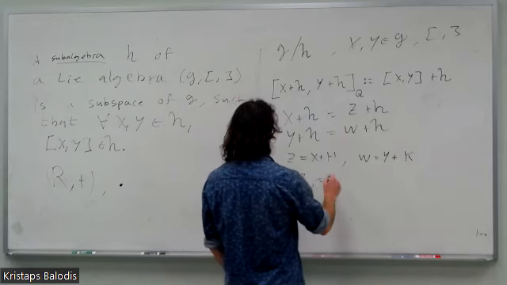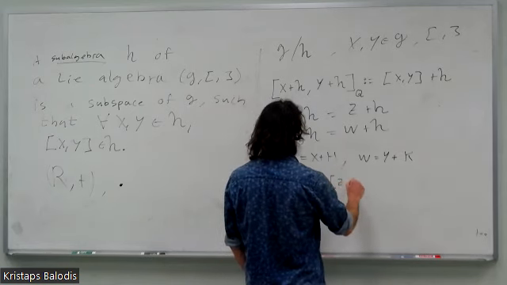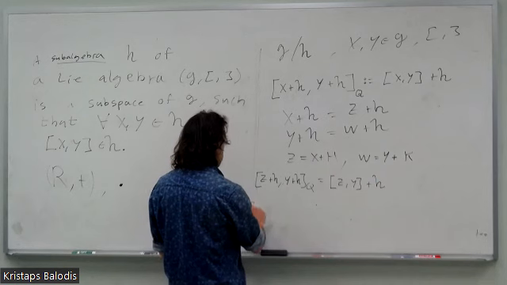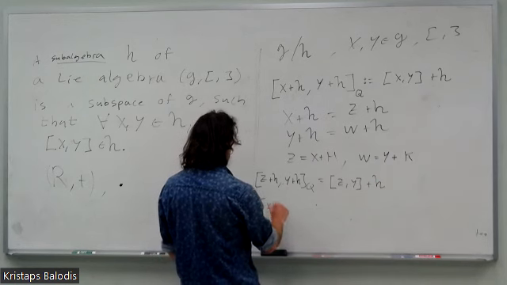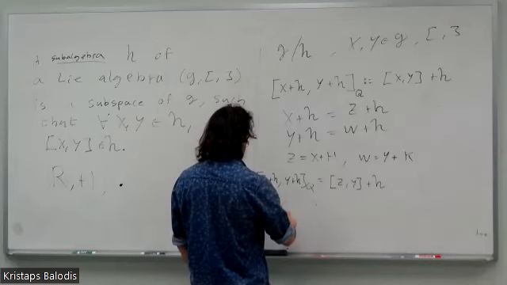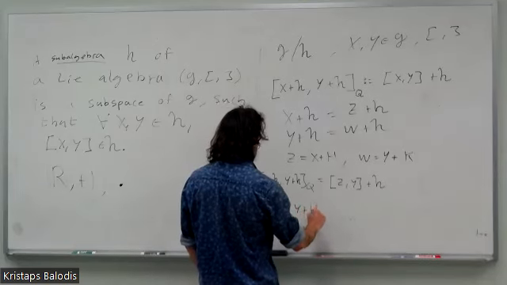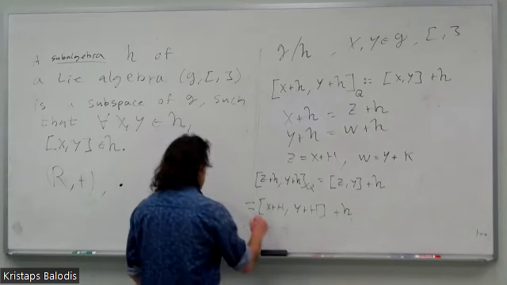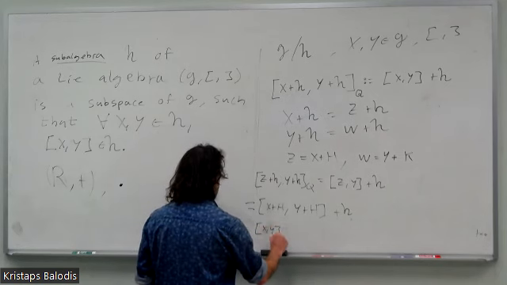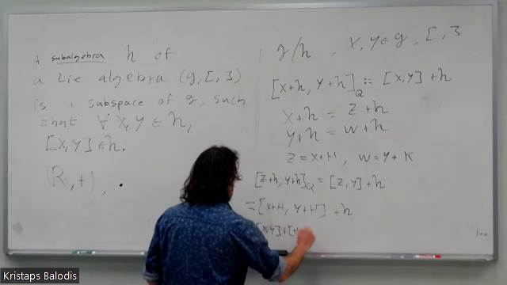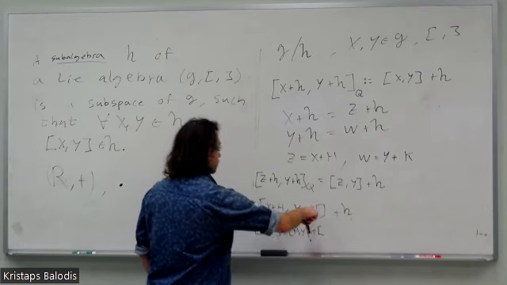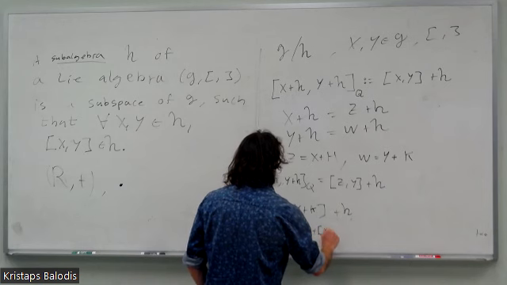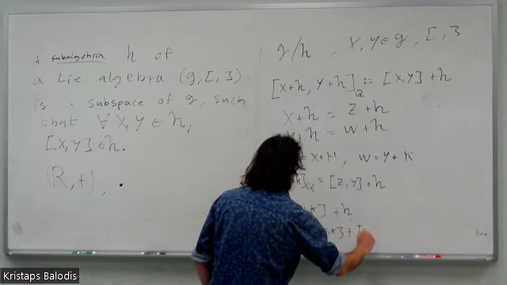If we expand this out according to our definition, this should be ZW plus H. And that should in turn be the bracket of X plus H and Y plus K. And that in turn, like you said, by the bilinearity, we get XY plus HY plus, oh, sorry, there should be K here, plus XK plus HK.